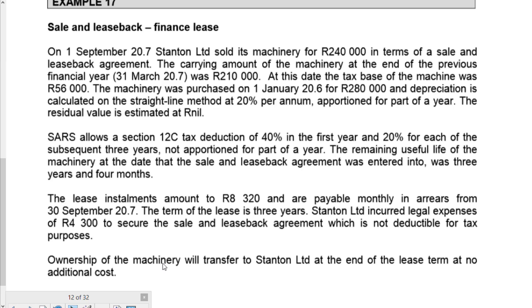Depreciation is straight line at 20%, apportioned for the year. Residual is nil. SARS allows a 12C allowance, 40, 20, 20, 20. The remaining useful life of the machine at the date of the sale and leaseback was 3 years and 4 months. We don't like to work with years and months, so I would just go straight into months. 3 years, 4 months. Okay.